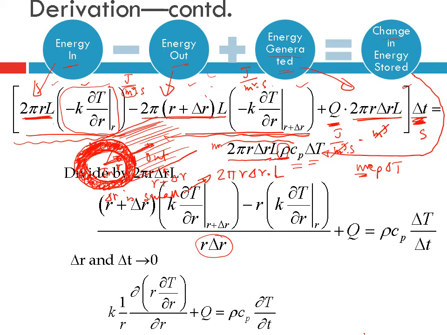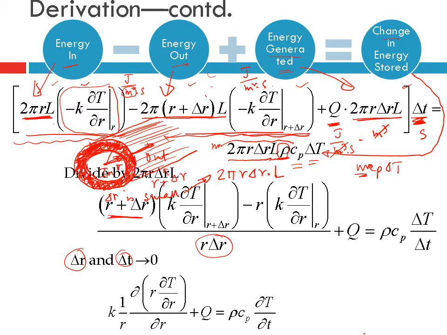Simplify, making this shell thickness go to 0. So we're taking the limit. So delta R and delta T, we let them go to 0. Then notice what happens here.